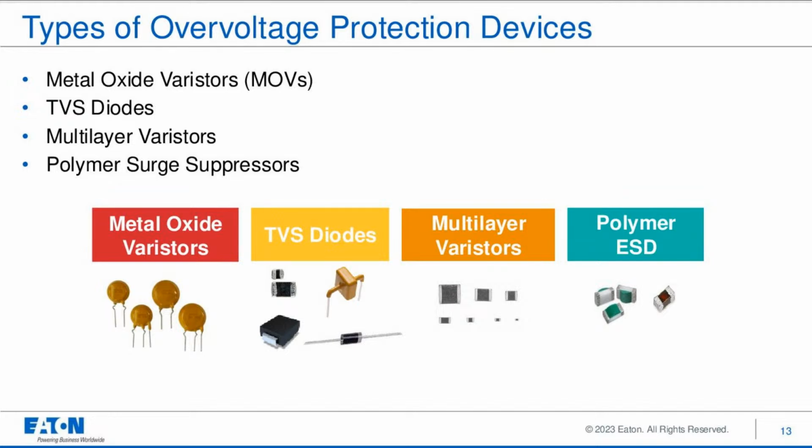We will discuss MOVs in the context of protection from lightning and switching transients, and TVS diodes, multilayer varistors, and polymer surge suppressors in the context of protection from ESD.